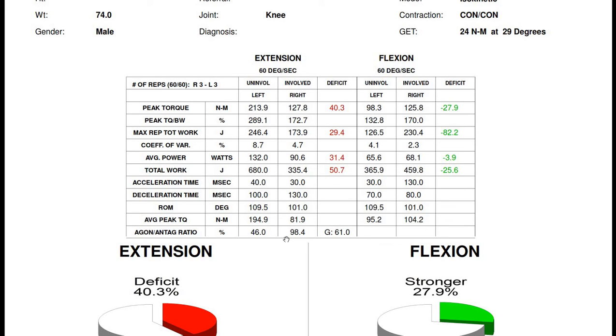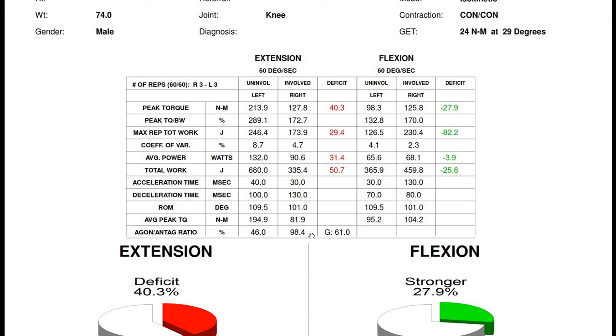And this test uses the peak torque of the right limb on both sides, so for flexion and extension, and divides the hamstring peak torque here, 125.8, by the quadriceps here, and paradoxically then presents it as a percentage here.